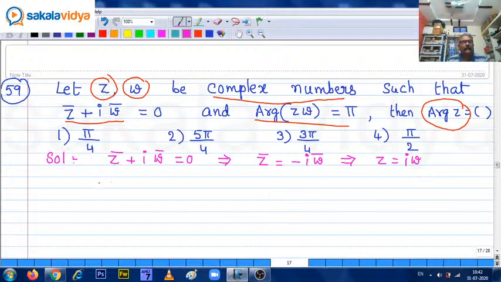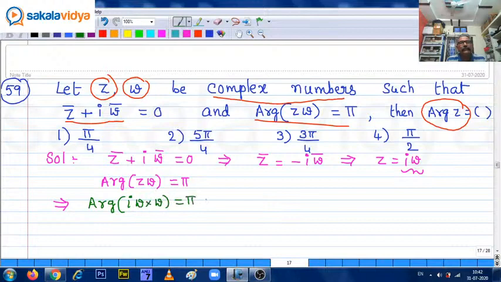Now with the help of this condition, arg z omega is equal to pi, given. Substitute z is equal to I omega. So now we get arg of I omega into omega equal to pi. This we can write as arg of I omega square equal to pi.